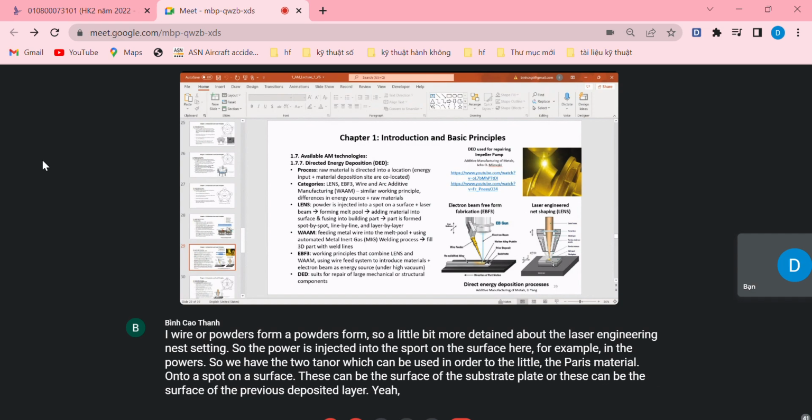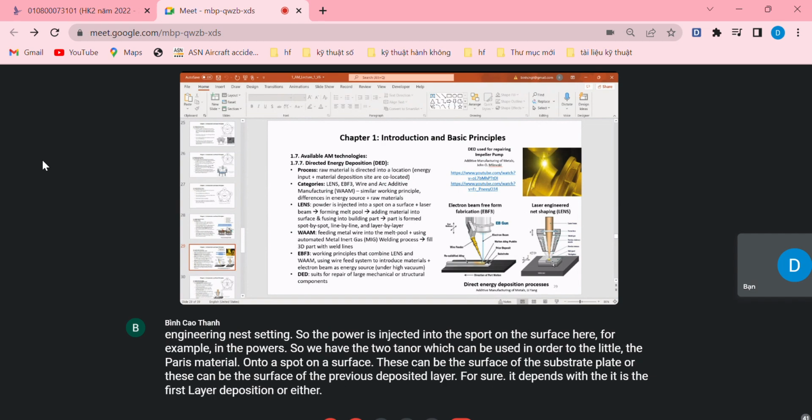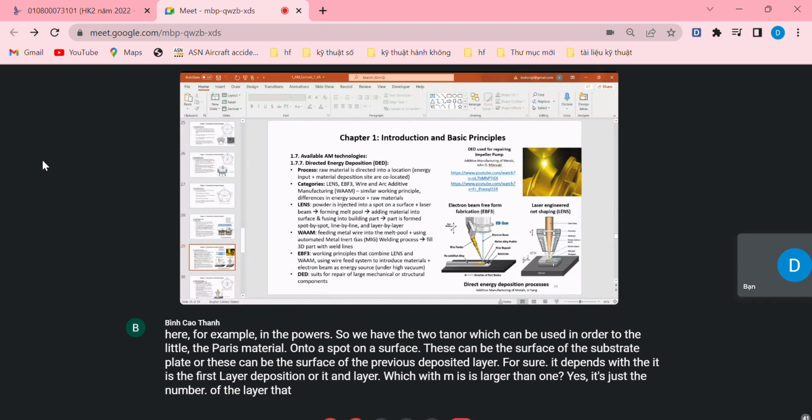It depends whether it is the first layer deposition or the nth layer, with n larger than 1, just the number of the layer that the system is dealing with at that time.